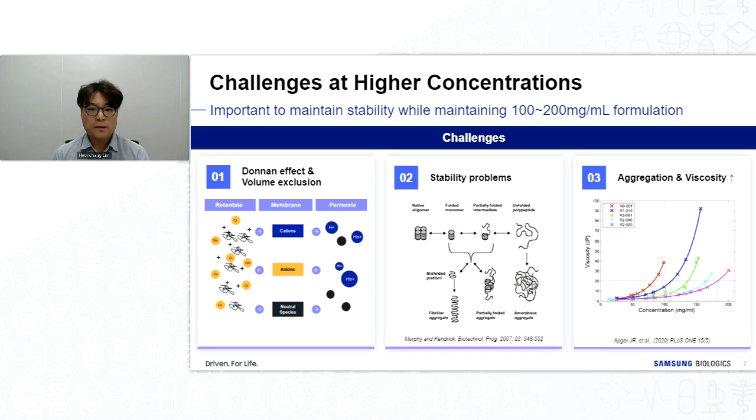Here, we expect that at higher concentrations, aggregation is more likely to happen while also increasing viscosity. Additionally, there are process challenges at high concentrations which may impact operations such as filtration and filling. Therefore, it is important to be able to characterize these changes in order to adjust for them accordingly.